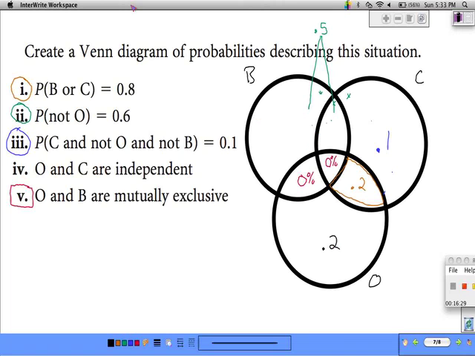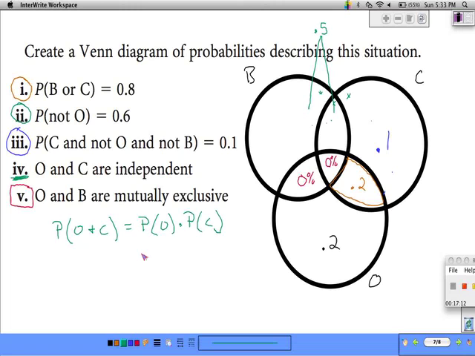And there's one clue that I have not used yet, and that would be that O and C are independent. If they're independent, that means that the probability of O and C is equal to the probability of O times the probability of C. That's our multiplication rule from last section.